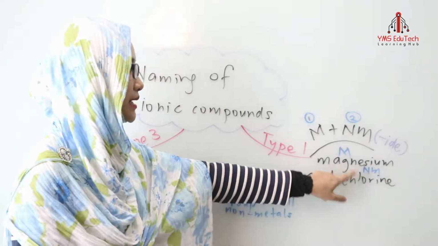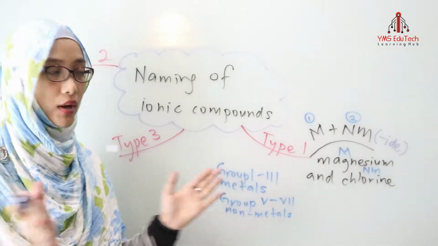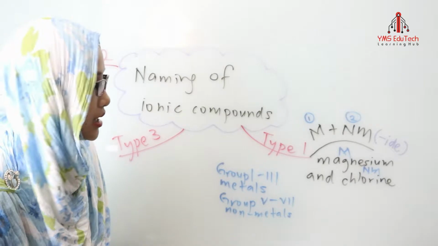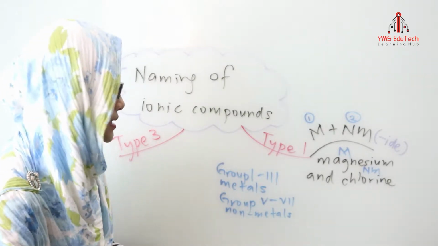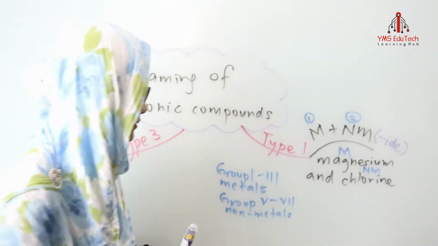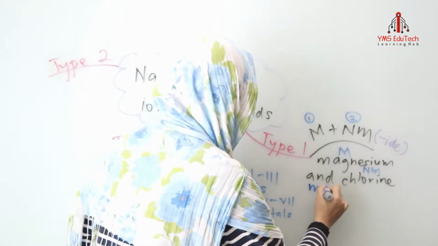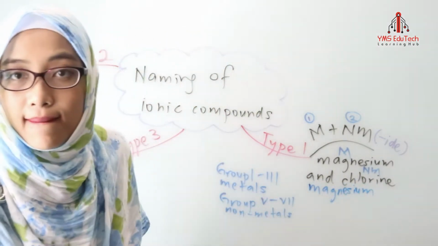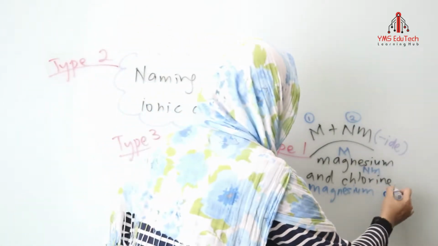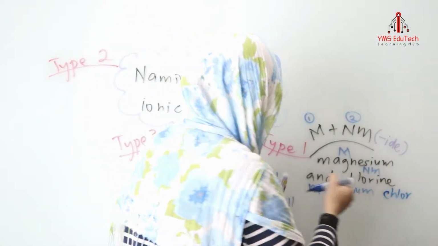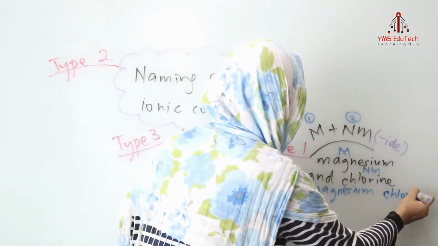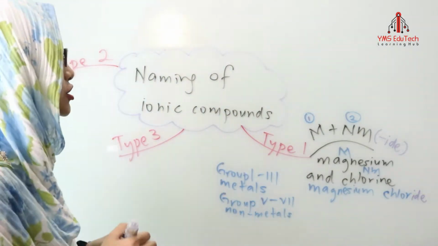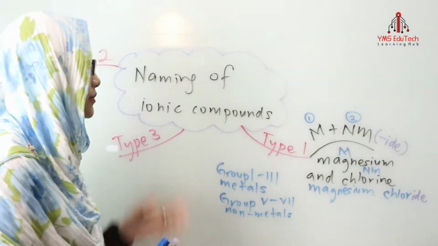Okay, so we have magnesium and chlorine. When we combine them, how do we call it? They are called magnesium chloride. You must change the name chlorine to chloride: magnesium chloride.